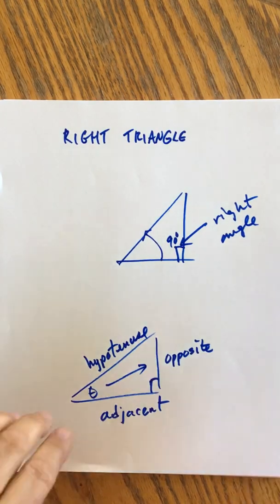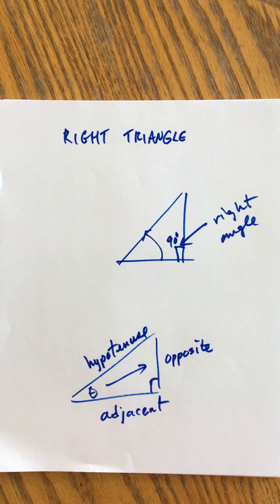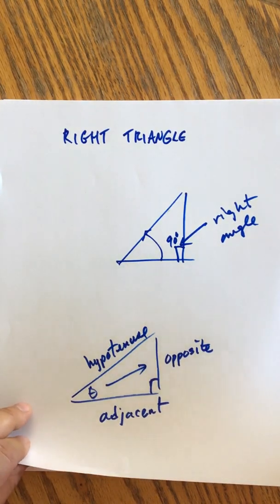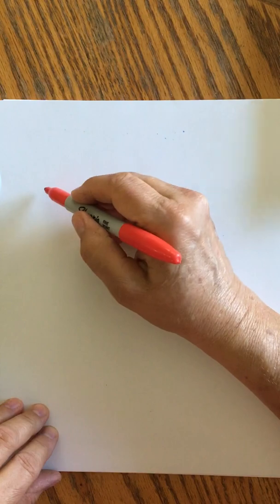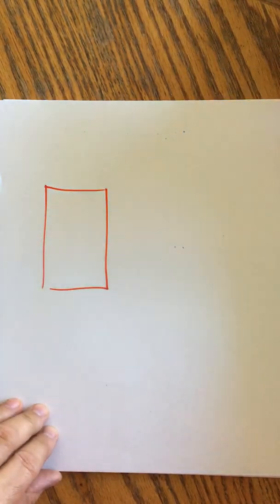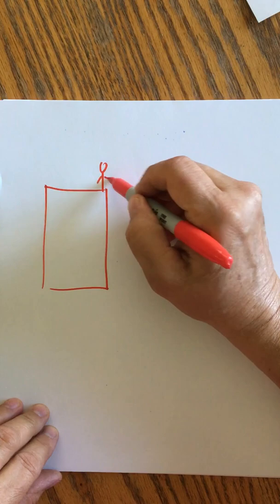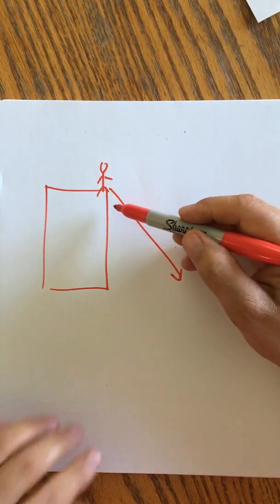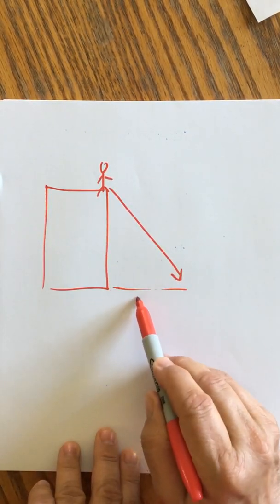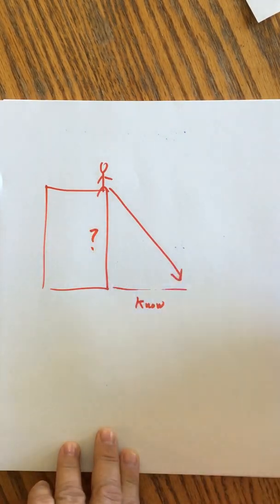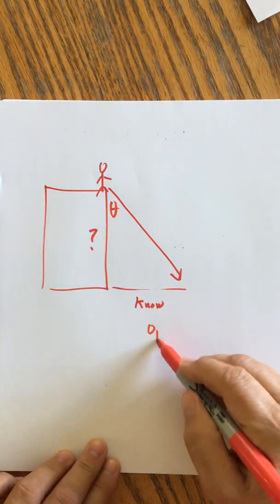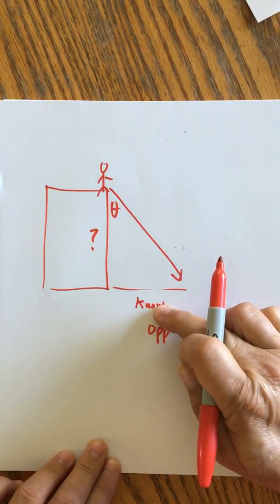Now, with freeform trigonometry, the idea is you can have your right triangle represent something that you're trying to indirectly measure, but it can be in any orientation. So I could be standing at the top of a building, right? And maybe I'm looking down and I know this length and I want to know this length. So in that case, my angle is here, and relative to that angle, this is the opposite because it's across from that angle.